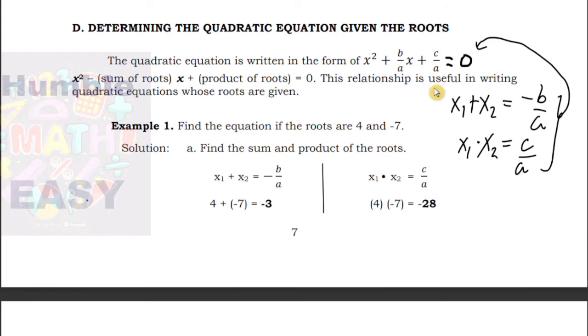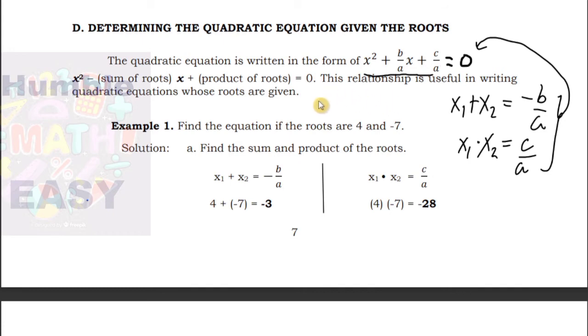So in this case, referring to this equation, it means that the linear term is the negative sum of the roots, whereas the product is the constant term of the given quadratic equation.